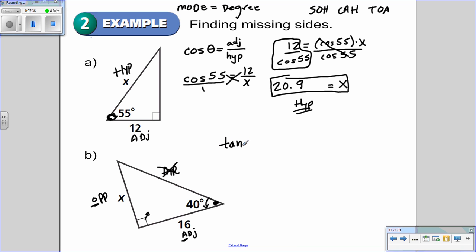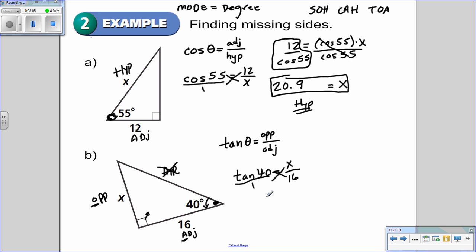So again, I'm going to set that up. Tangent of the angle equals opposite over adjacent. I'm going to plug in the information. So that's going to be tangent 40 equals opposite was x and adjacent was 16. Again, put that left side over 1 so you can cross multiply.